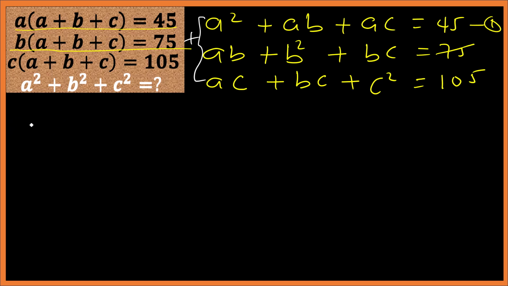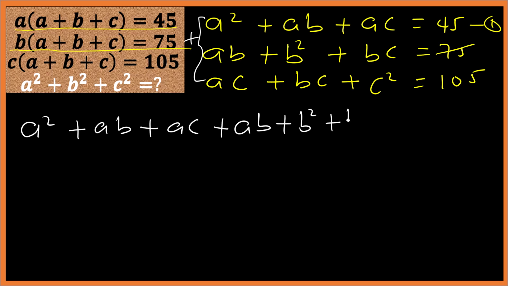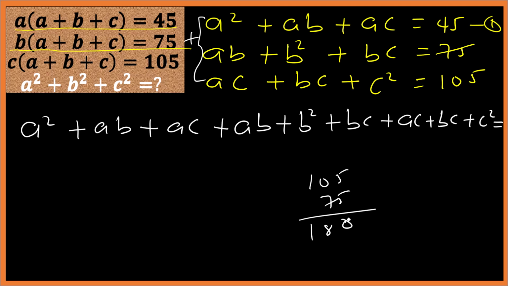So we have a squared plus ab plus ac, starting from equation 1, plus ab plus b squared plus bc plus ac plus bc plus c squared equals, so let's add the three. We have 105 plus 75 plus 45, which is 225.